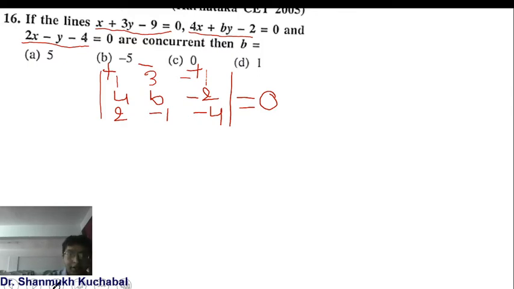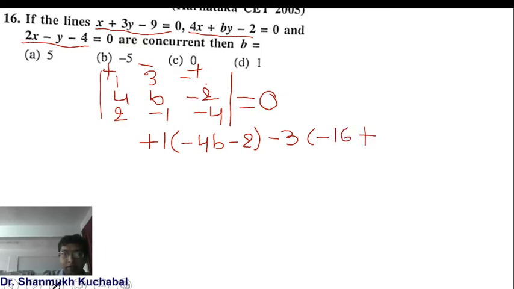The expansion is plus 1 outside, cross multiply, so -4b minus 2. Similarly minus 3 outside, minus 16 plus 2 to the 4. The last value is minus 9 outside, cross multiplication, -4 minus 2b.